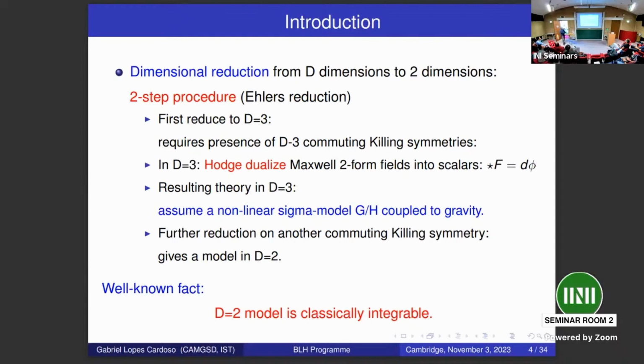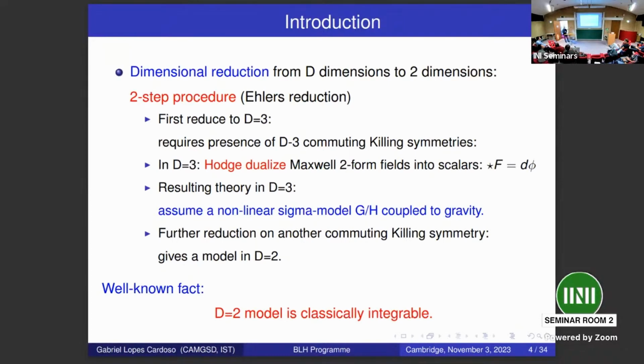Then finally, in the second step, you go down to 2 dimensions, assuming that you have another isometry. And so what you get in 2 dimensions is a theory of gravity with scalar fields coupled to it. And this theory is well known to be classically integrable.